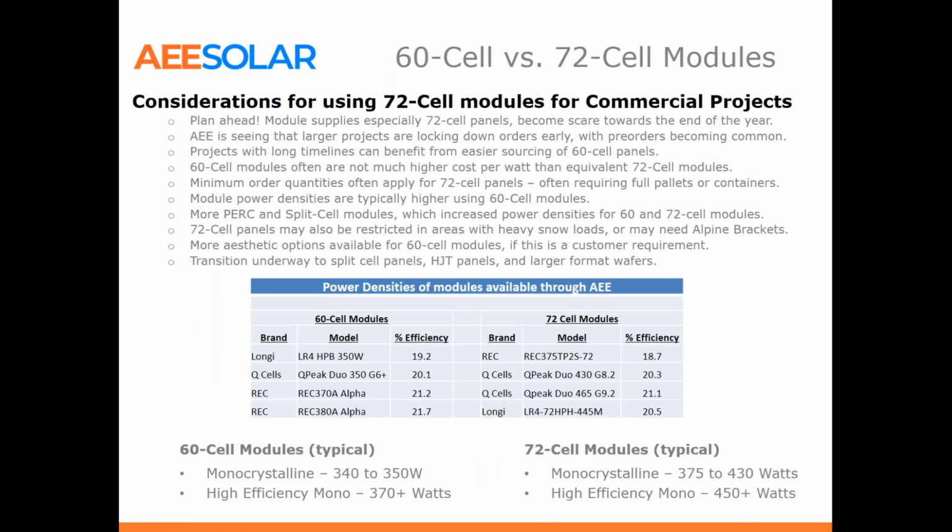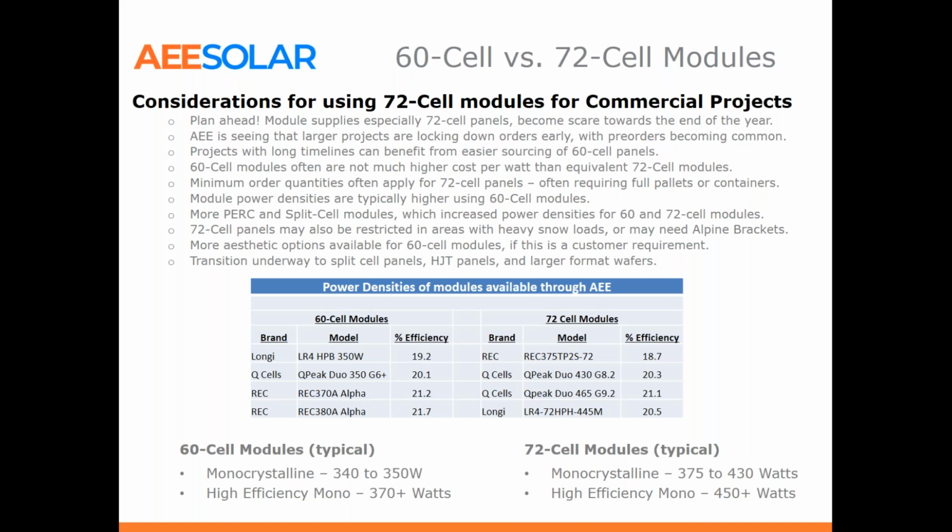Okay, so 72 cell modules is kind of the standard format that most people consider using. A larger module will require less optimizers, less attachments, sometimes less racking, but please plan ahead, because modules become very scarce towards the end of the year.